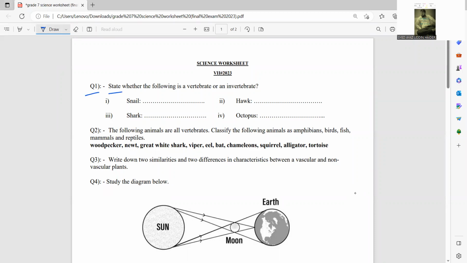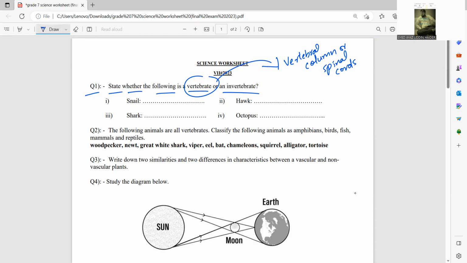Question number 1, state whether the following is a vertebrate or an invertebrate. You know, vertebrates are those animals which have vertebral column or spinal cord. So invertebrate are those animals which does not have this vertebral column or spinal cord.